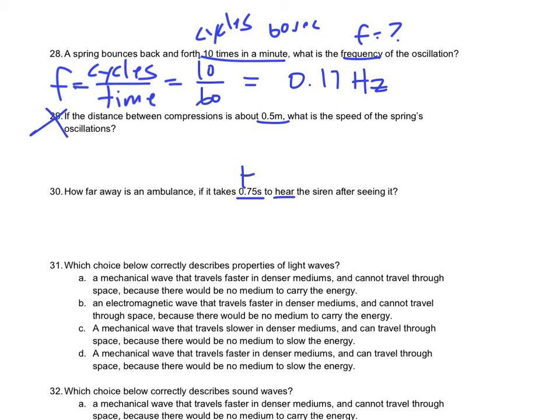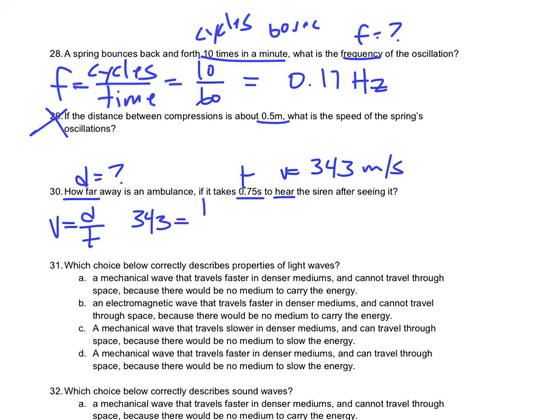Number 30, how far away is an ambulance if it takes 0.75 seconds to hear the siren? So we're hearing it, so that means the speed of sound is 343 meters per second. I want to know how far it is. That's distance. So if velocity equals distance divided by time, my velocity is 343. My distance is unknown.